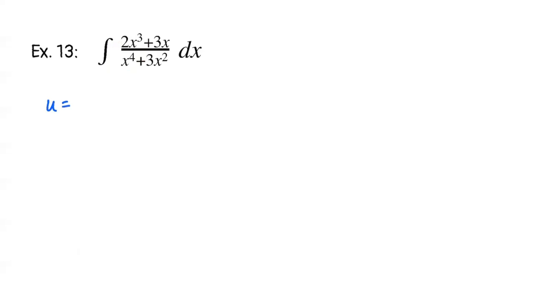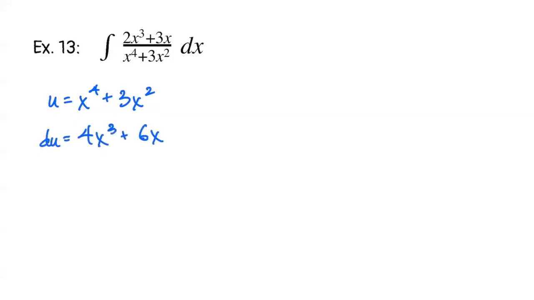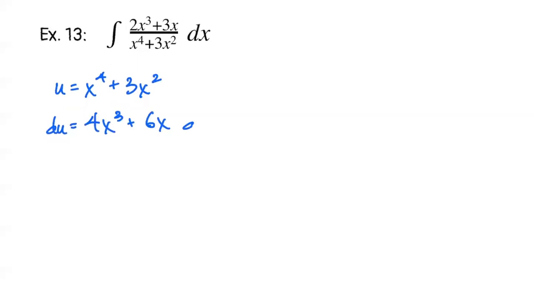And we want to choose the one with the higher power, so that when we take a derivative, we actually end up with the other piece. That's the goal. So du would be 4x cubed plus 6x dx.